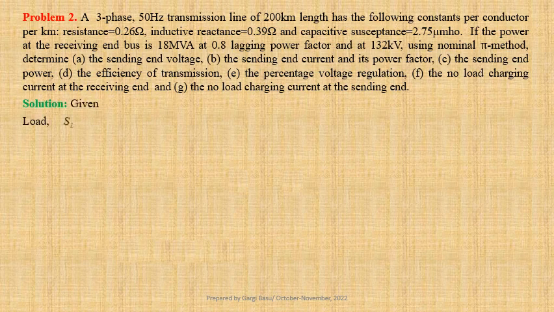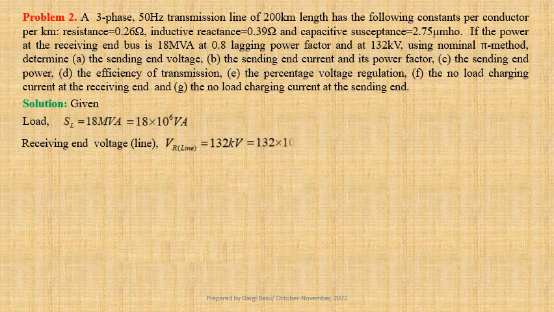Load SL equals 18 megavolt ampere, that is equal to 18 into 10 to the power 6 volt ampere. Line to line receiving end voltage VR line equals 132 kilovolts, that is equal to 132 into 10 to the power 3 volts.